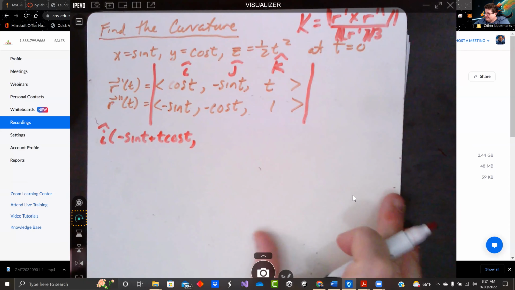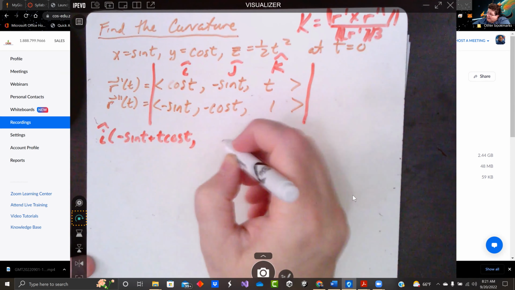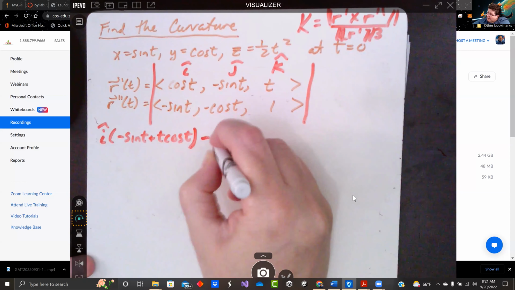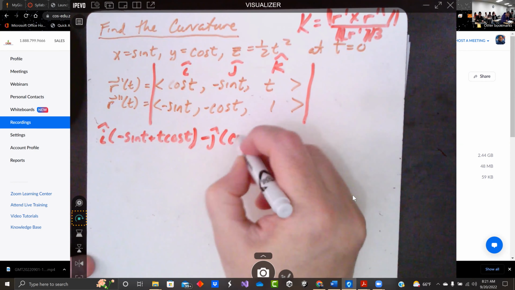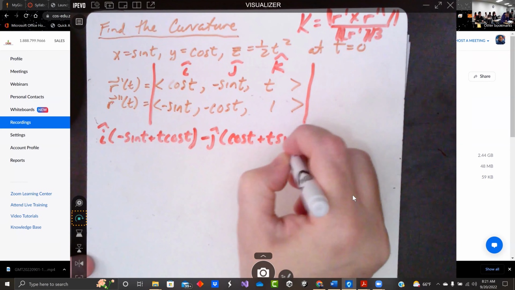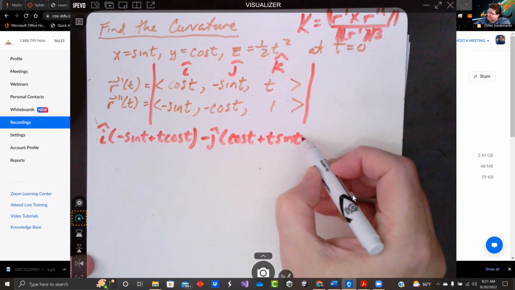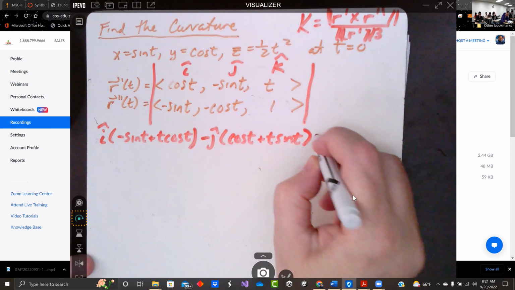Oh, this is ugly, isn't it? Don't worry, it's trig functions. They'll clear up somehow. Oh yeah, I see some stuff clearing. We've got negative cosine squared minus sine squared.